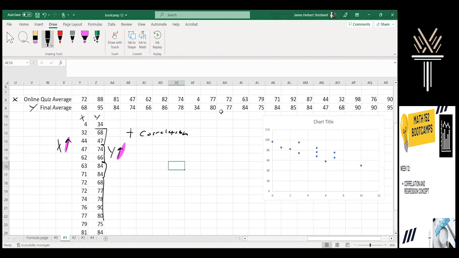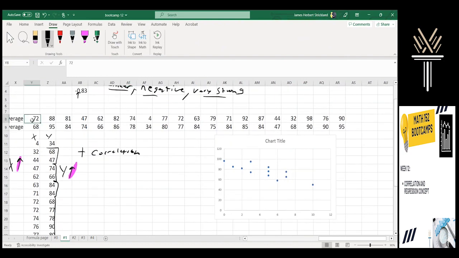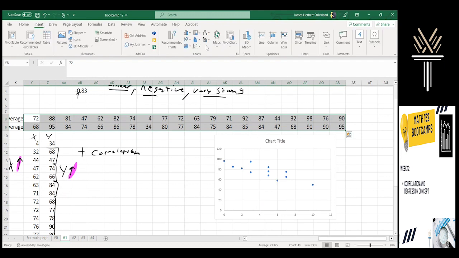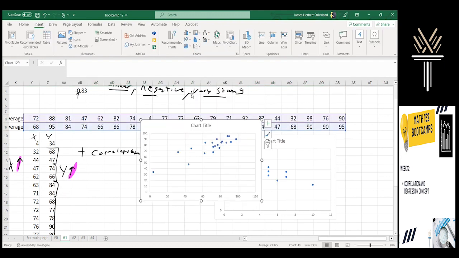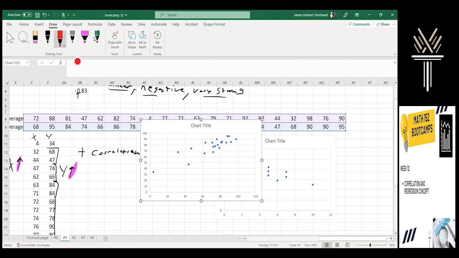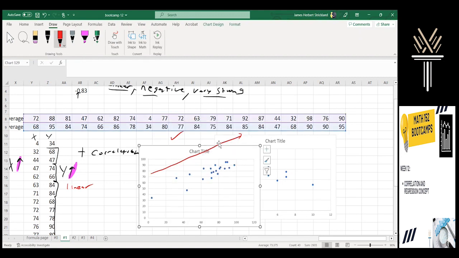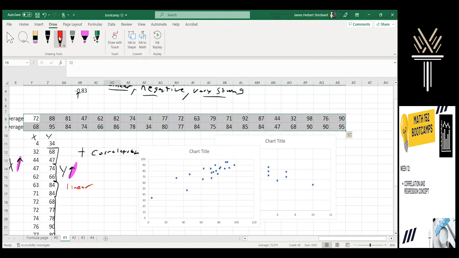And then let's actually get our scatter plot so we can verify linearity, verify that it's a straight line. Insert scatter plot. And yeah, the dots are going to be clustered about. So you're going to have some kind of randomness, but we have some kind of general straight line going through that way. So that seems to show that it's linear. And now we need our R value to actually be able to talk about the correlation.